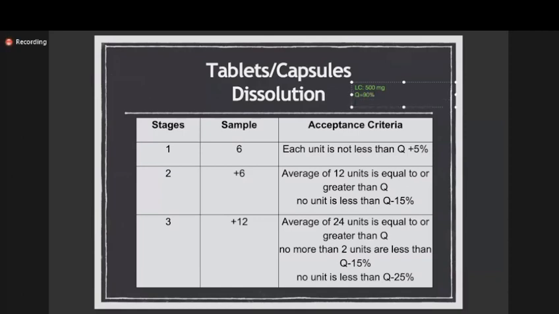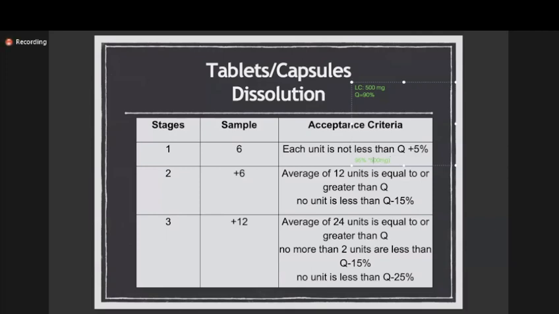So meaning, here in the first stage, each unit is not less than Q plus 5%. So the content in your dissolution test result should not go below 95% of 500 milligrams.